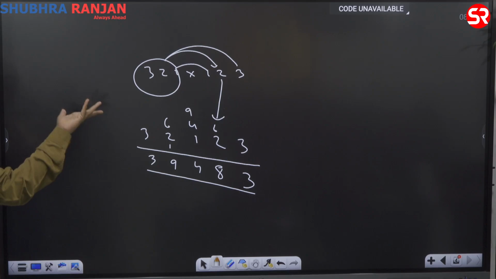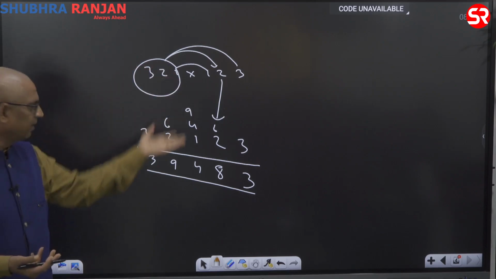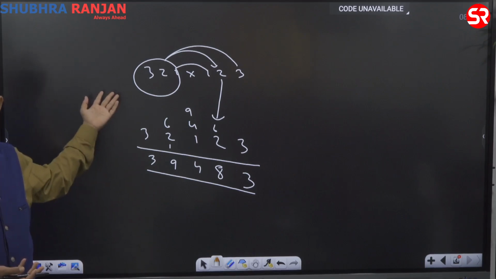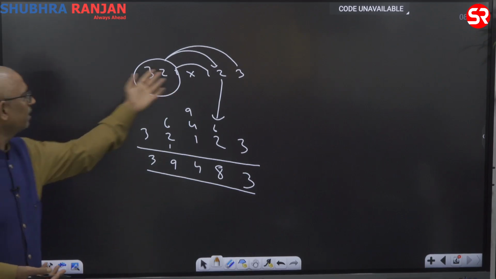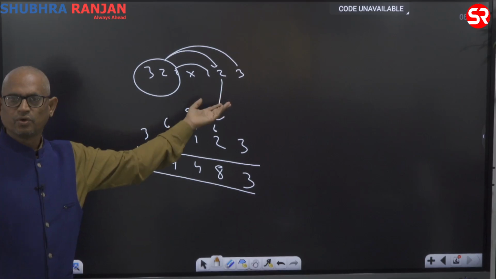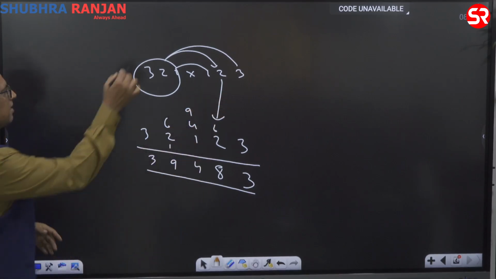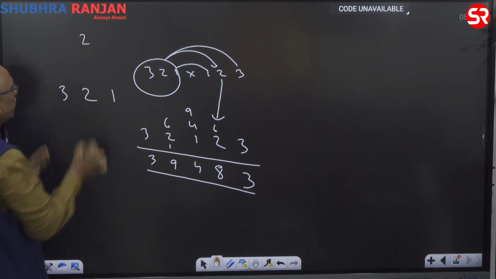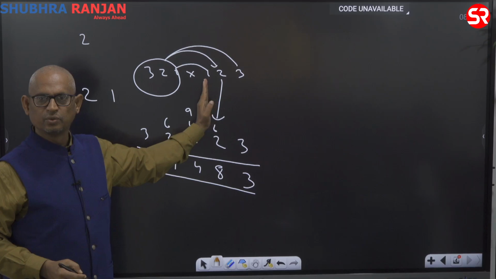No, we don't know the 321 table. We applied 321 ones and 321. Why is that? 321 twos we don't know, but we know the 2 table. So imagine it like this. We are doing 321 with 2. You got it?